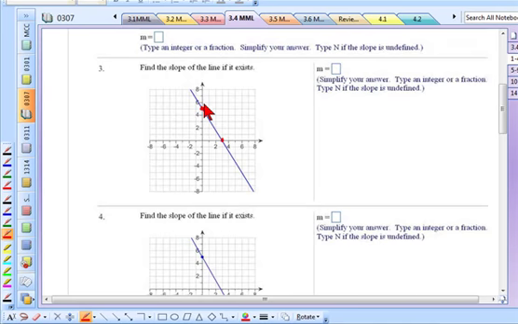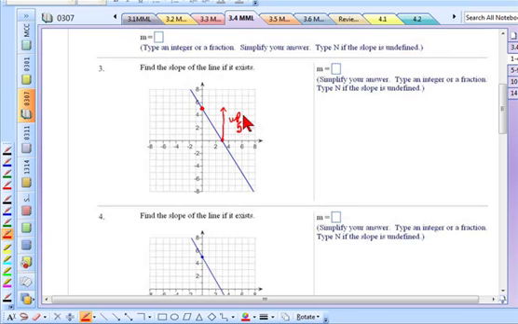I like to start at the bottom point, but I'll show you that you don't have to. If I start at the bottom point, what vertical change do I have to make to get to the height of the second point? I have to go up 1, 2, 3, 4, 5. I have to go up 5.